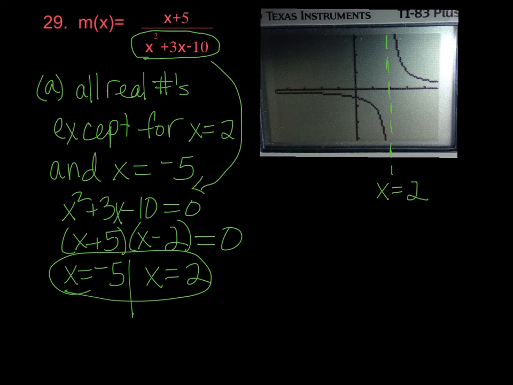Now for part B, it says find any asymptotes associated with m of x. Well, we already did one of them. It's right there. So one of the asymptotes is x equals 2. The other one that you need to see is, if we follow this, do you see that this is getting closer and closer to the x-axis, but it's not going to touch it?